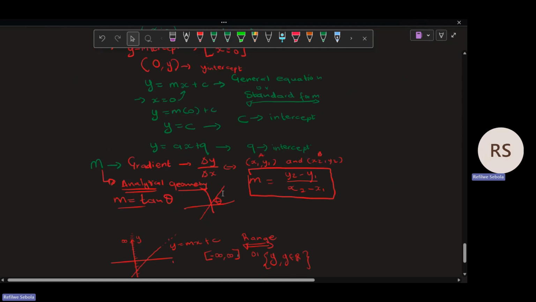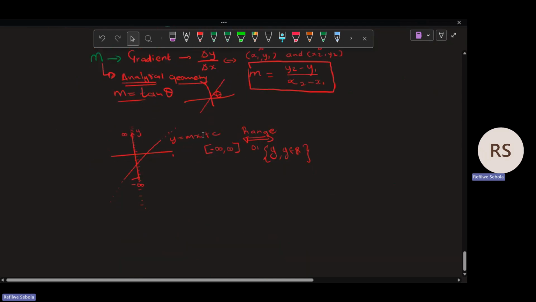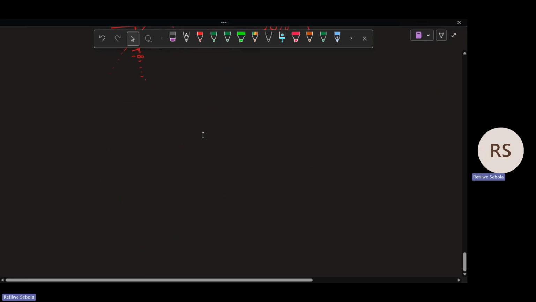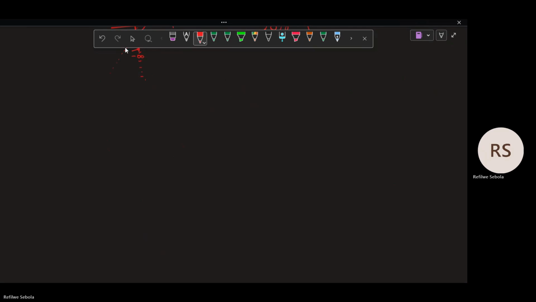Gradients can be negative and can be positive. Let me try to give cases on gradients. We've already analyzed how to get the gradient. Let us now see the cases of gradients.